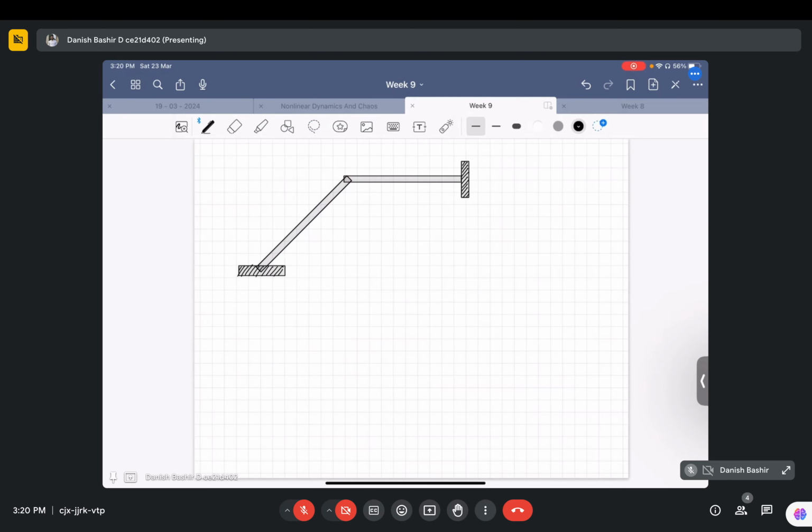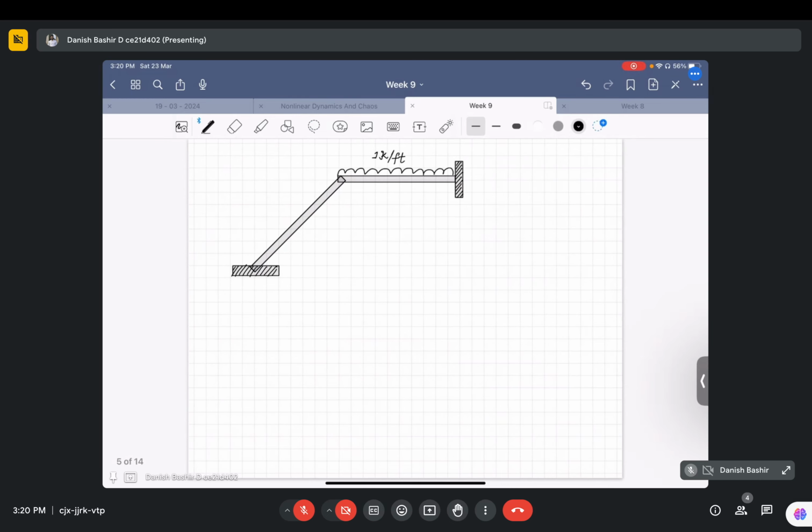Okay, the loading on our frame is 1 kilopound per feet. And the data that is given is this distance up to this point is 30 feet only. 30 feet, and this is 40 feet.